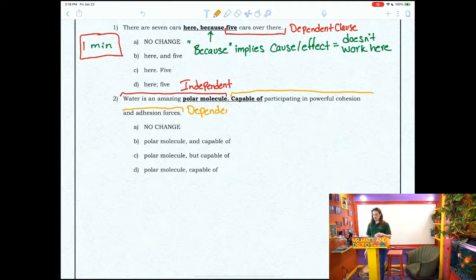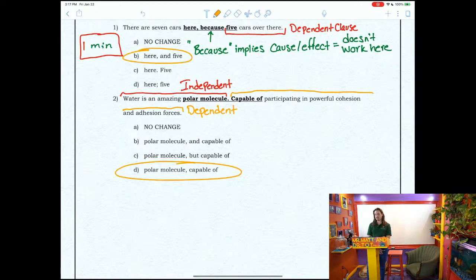Okay, so for number 1, there are 7 cars here, comma, because 5 cars over there. So using the conjunction because here doesn't really make sense. Because implies a cause-effect relationship. We're looking for a support signal or supporting conjunction. So and works here. And usually I would say there isn't always a necessity for a comma there if the clauses are quite short like this.